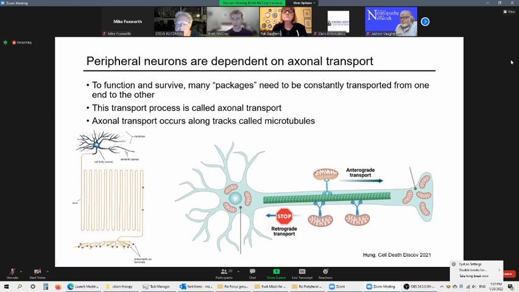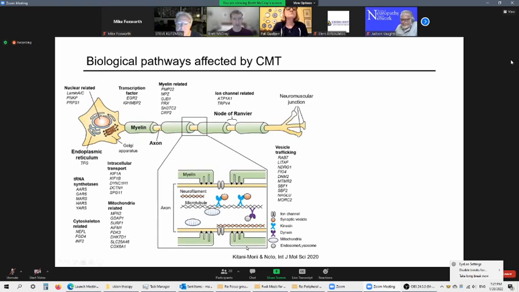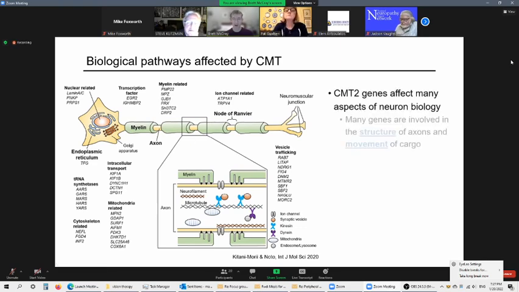And partly the way we know this is because these genes that control this axonal transport are really commonly implicated in CMT. So this is, again, another sort of picture of what a neuron looks like. And these are the different pathways and genes that have been implicated in CMT. But the ones I want to highlight are ones that are involved sort of in what I call the structure of the axon.